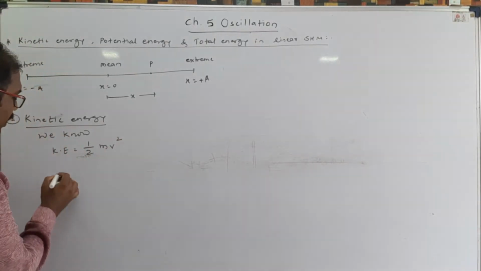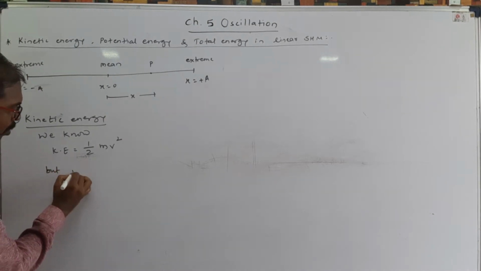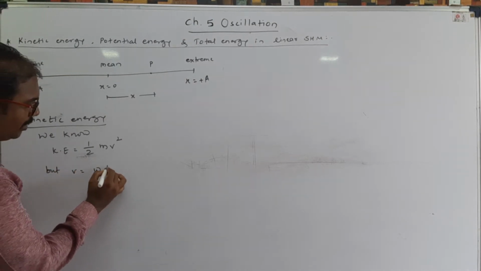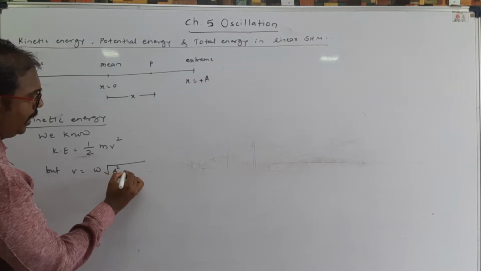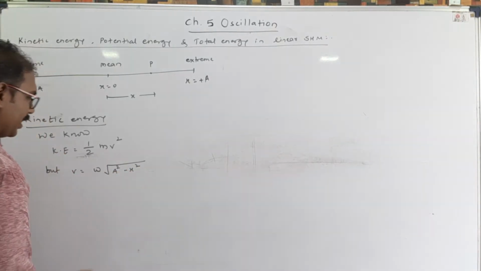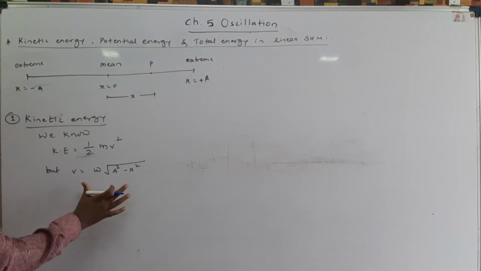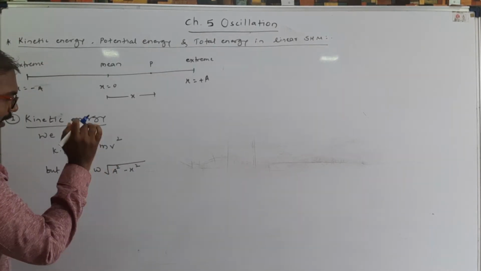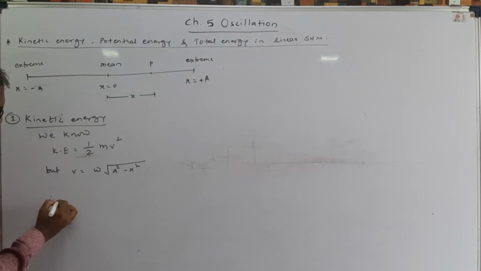But in linear SHM, the value of v is plus or minus omega under root a square minus x square, or I consider only the magnitude here. If I substitute the value of velocity in this kinetic energy formula, then what do we get?